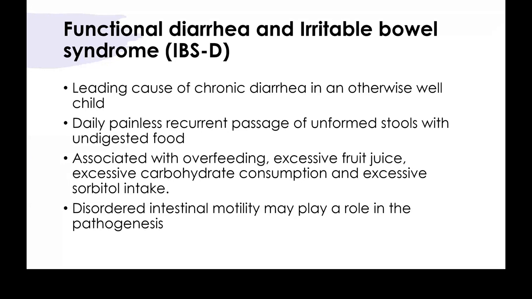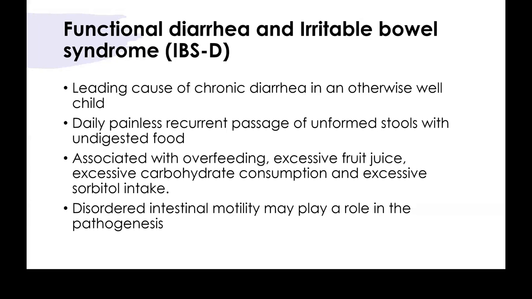Studies have shown this is one of the leading causes of chronic diarrhea in children. Most of them are otherwise clinically very well. They do not have any organic pathology, but would have persistent diarrhea. This functional diarrhea is the one earlier called toddler's diarrhea, non-specific diarrhea, etc.